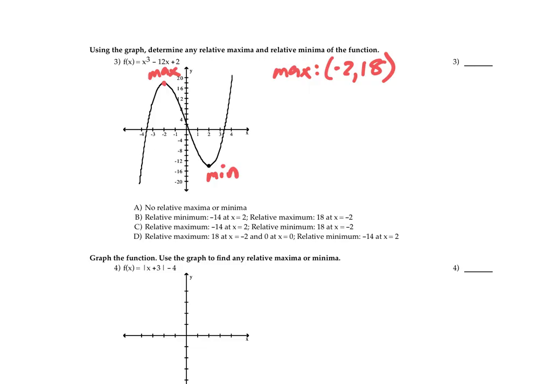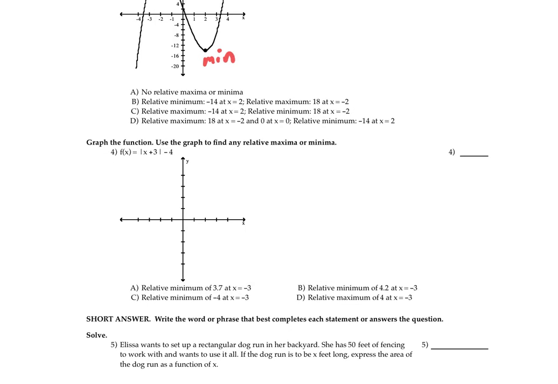But the way that we write it is it has a max value of 18 at x equals -2. I always use the at symbol. They write the word at, so whatever, but at x equals -2. And then you would do the same for the minimum. And that one, once again, is multiple choice.